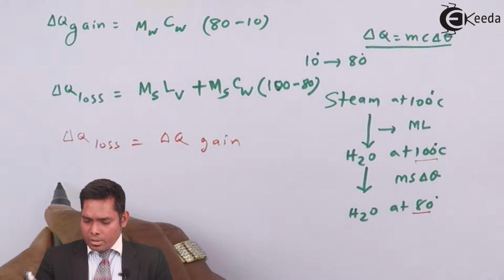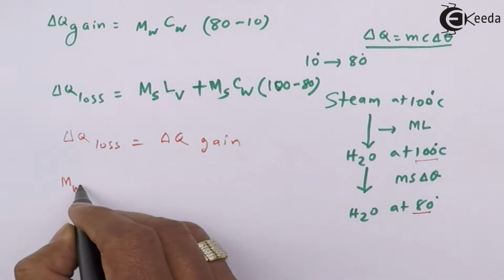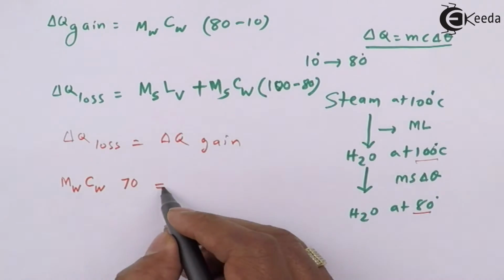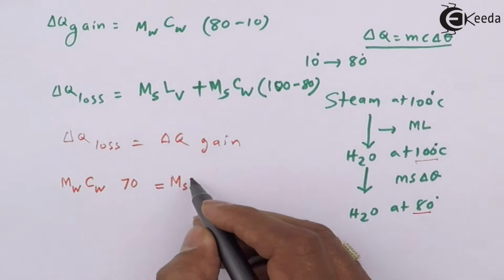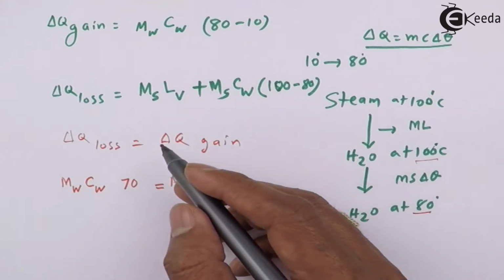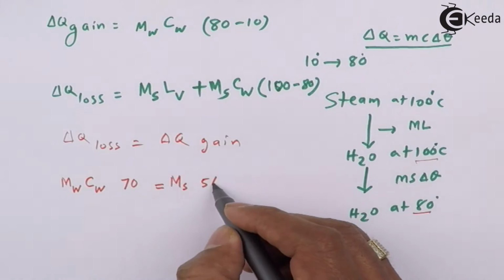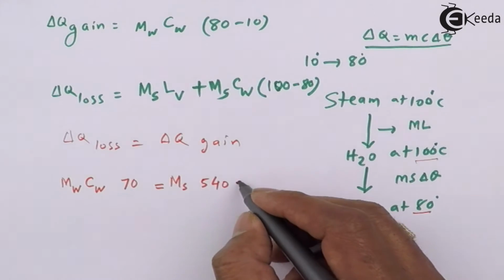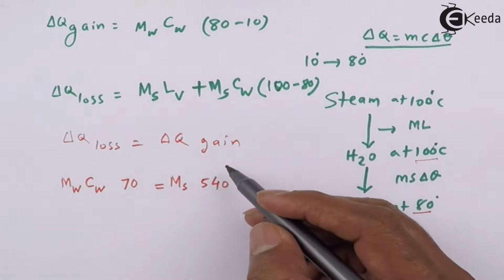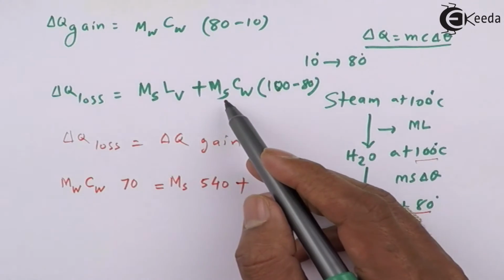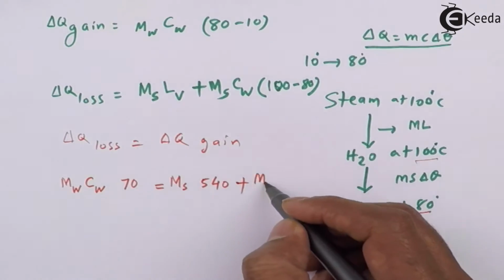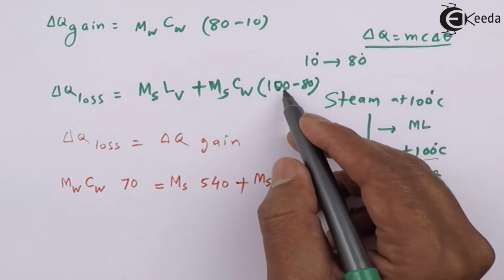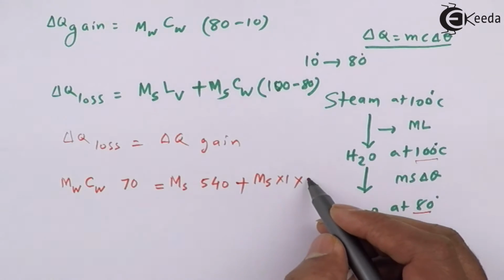I've just put the values here. mw cw into 70, that is 80 minus 10. Then the mass of the steam into the latent heat of vaporization of water, which is known to us as 540 calorie per gram, plus the mass of steam into the specific heat of water, that is 1 calorie per gram, into the difference, which is 20.